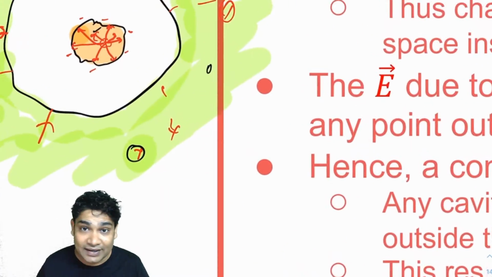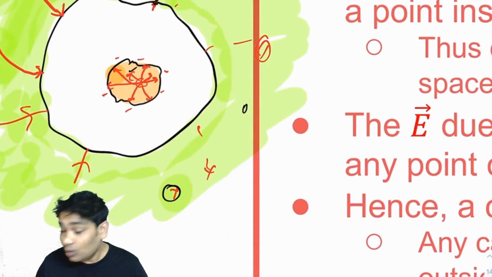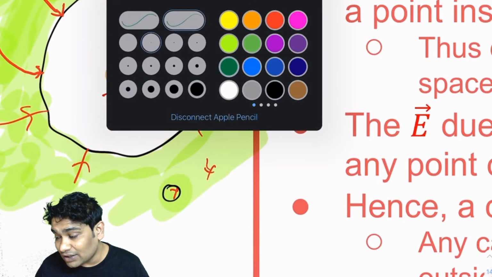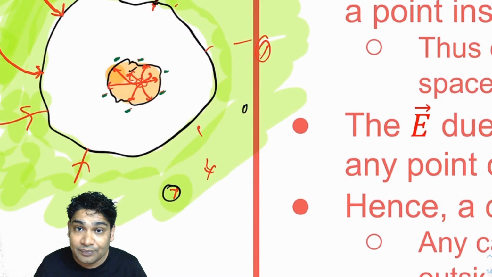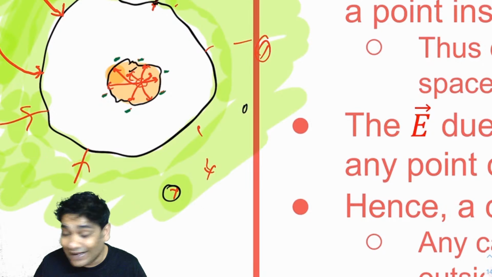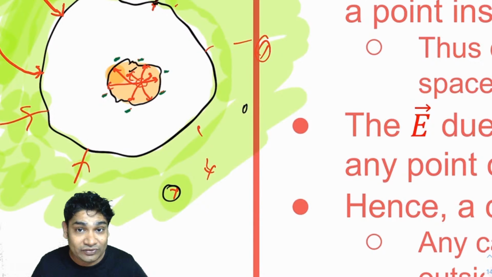So what is happening is that when you have a charge placed inside the cavity, some charge is getting induced here, right? So if this was a positive charge, some negative charge is getting induced here. Now this negative charge is cancelling the electric field lines of this guy.